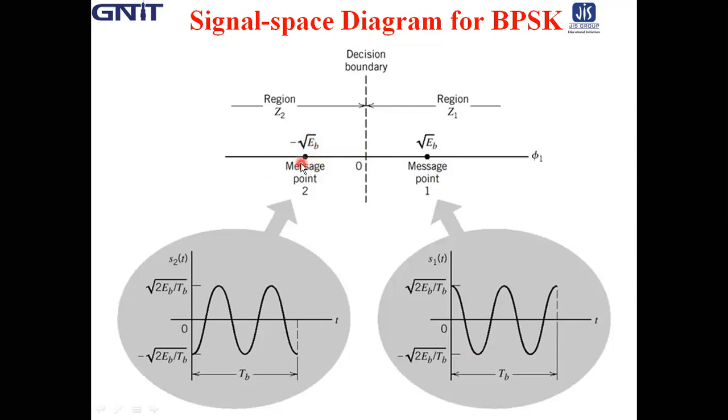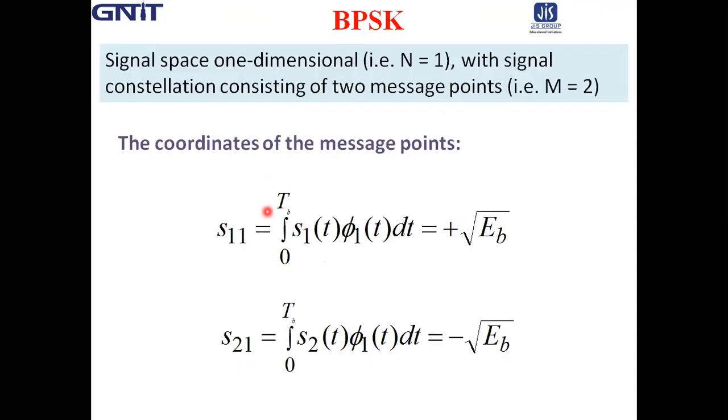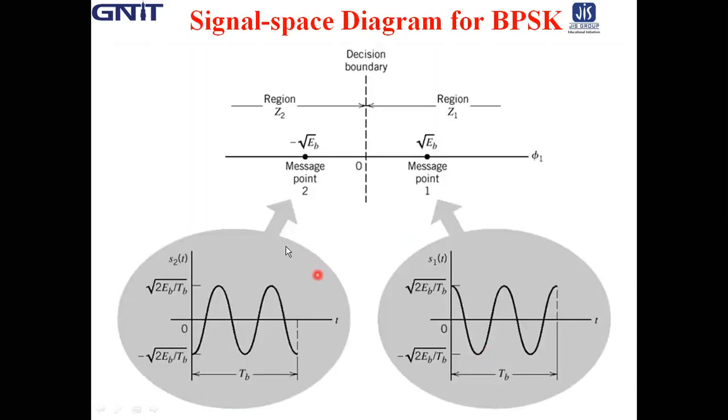So this is the constellation diagram. As in the earlier expression, S11 equal to plus root over EB and S21 equal to minus root over EB along the axis of phi 1. So there is only one basis function present, that is phi 1. And this is the diagram of message point 1.